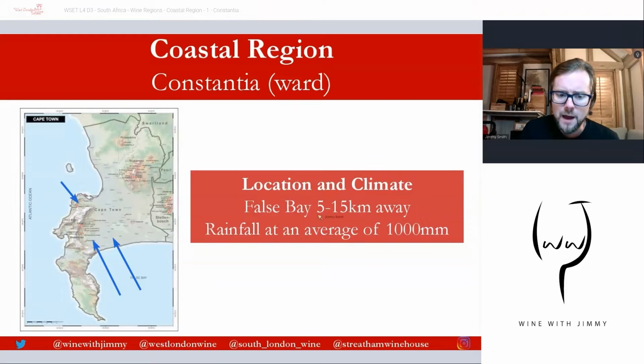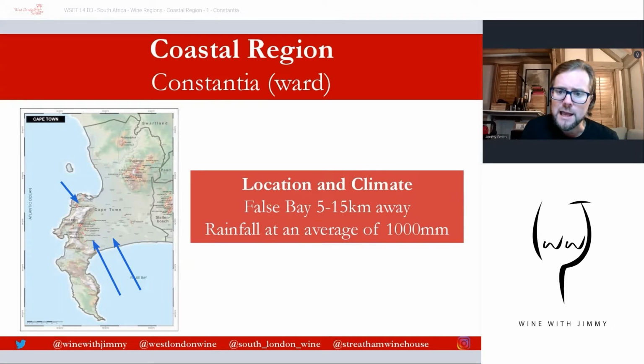False Bay is about 5 to 15 kilometers away, depending on where you are. Steenberg is the one that's 5 kilometers, right at the southern section of Constantia. And then Buitenverwachting is 15 kilometers away as one of the most northerly. But both of those areas will experience breezes, specifically the southern area with the southeasterly that comes through here.